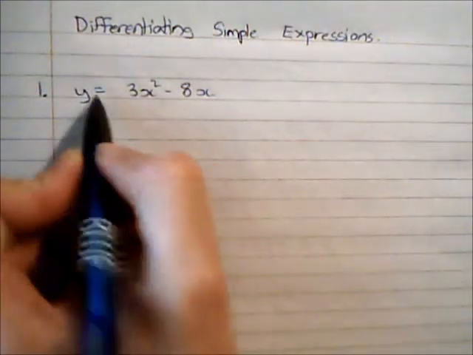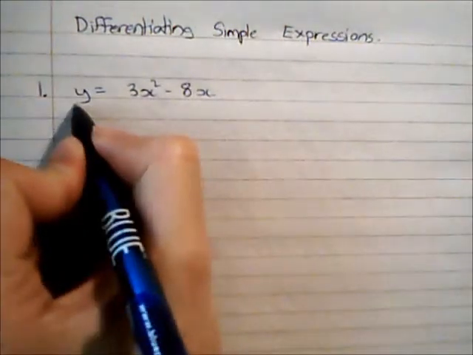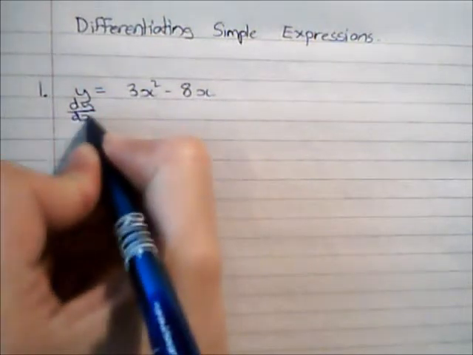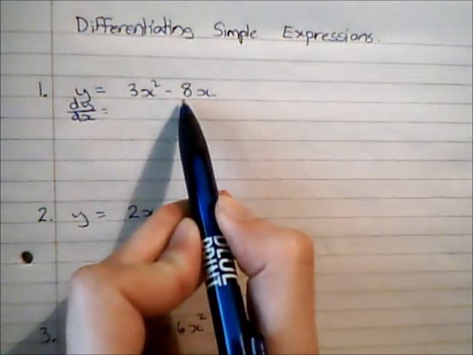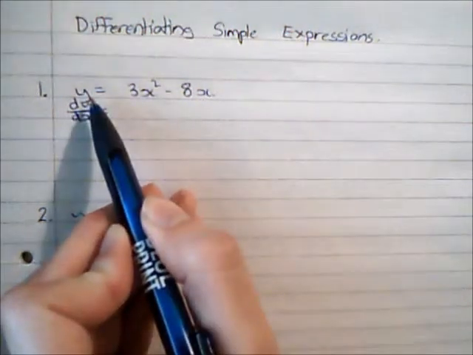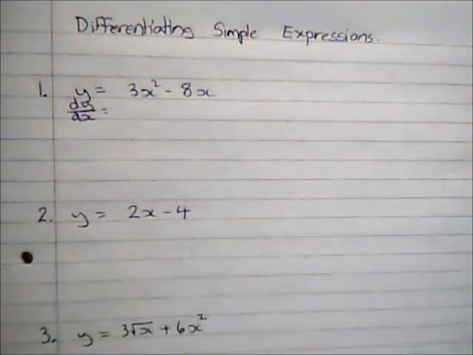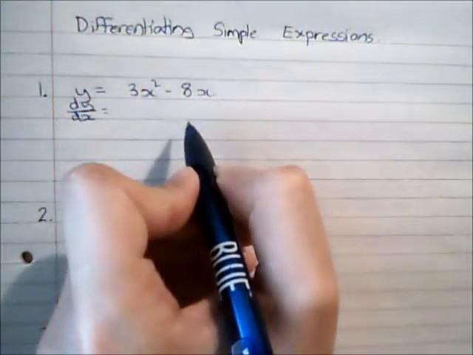And when I differentiate, I'm going to record that as dy by dx, because I want to differentiate with respect to x, but because this is a y, I'm just going to record that as dy by dx. So this is how y varies with x. And I'm going to just differentiate each term as I go.